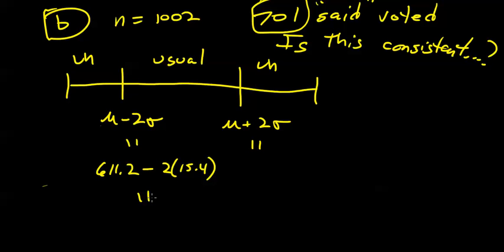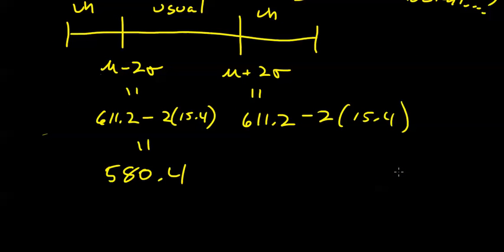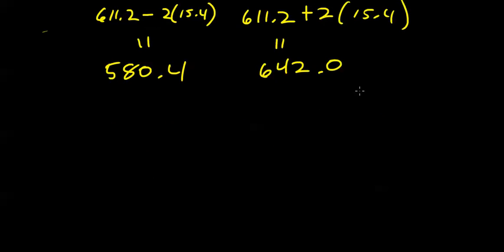All right, so I can grind out my lower boundary, taking 611.2 and subtracting 2 times 15.4, and I'll get a lower boundary for my usual behavior of 480.4. Similarly, I can find an upper boundary for my label of usualness. So I'll take that mean and I'll add 2 times the previously computed standard deviation in this binomial experiment, and I get 642.0.